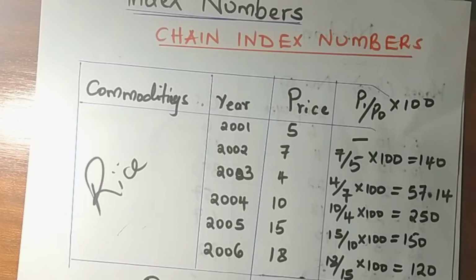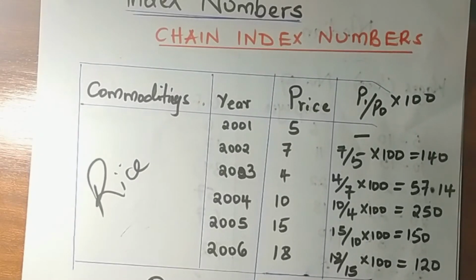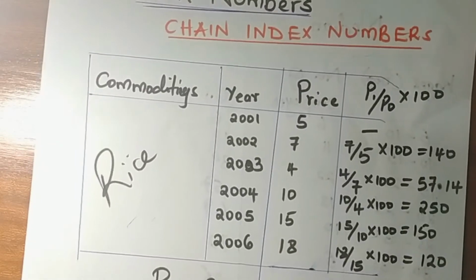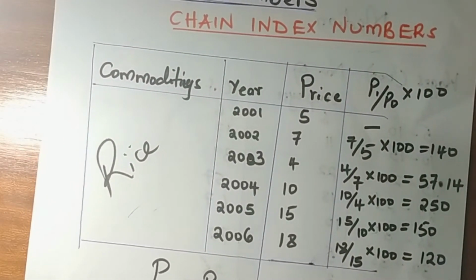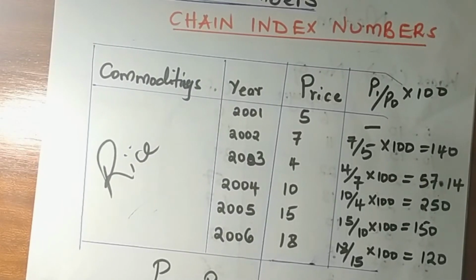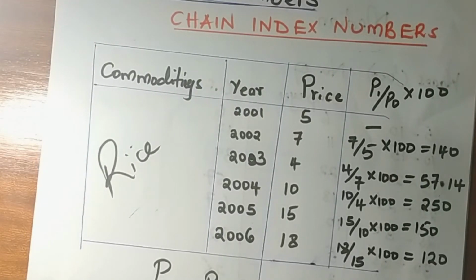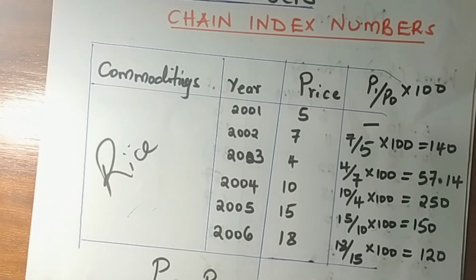One of the advantages of the chain-based method is that one of the problems with constructing index numbers is the selection of the base year. In this case, that problem does not arise because every year is taken as a base period at some given point.